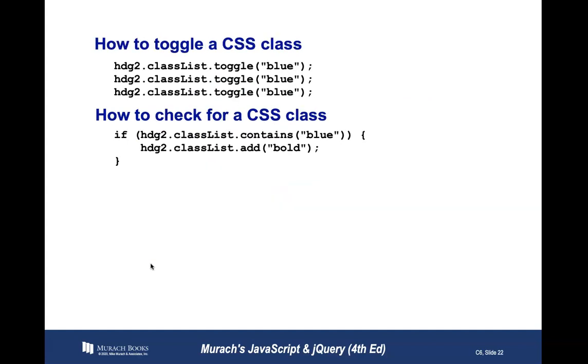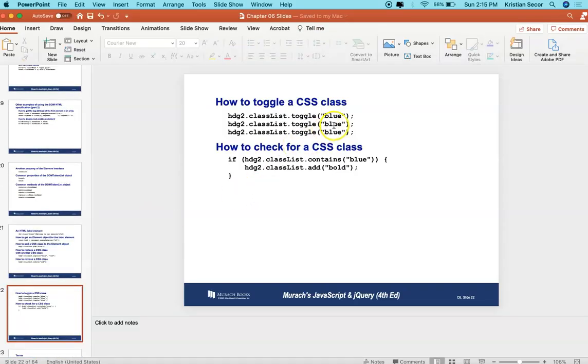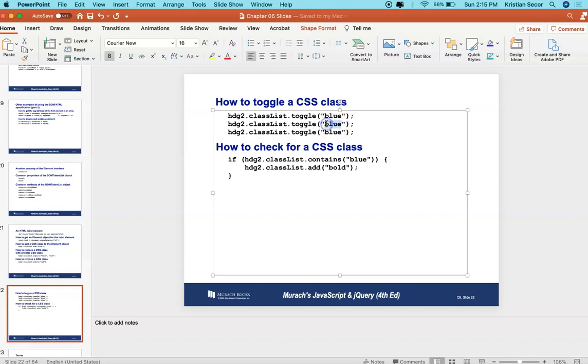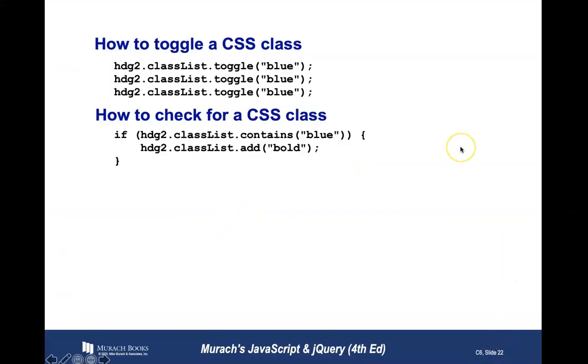This is a great example of how to toggle a CSS class. So if I have heading CSS classList toggle blue, and then have it three times, it would toggle back and forth and back and forth. You're toggling blue off and on. So basically what's happening, and I wanted to show you an example, but we'll just leave it as this: let's say you had toggle blue on, and blue was to turn something blue.